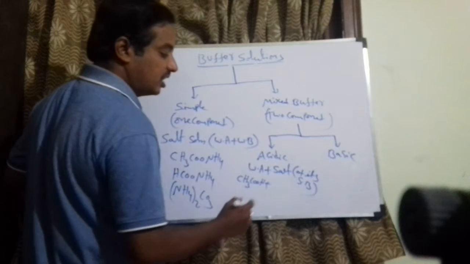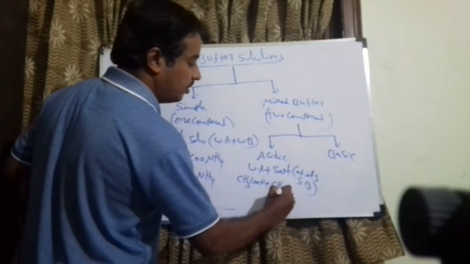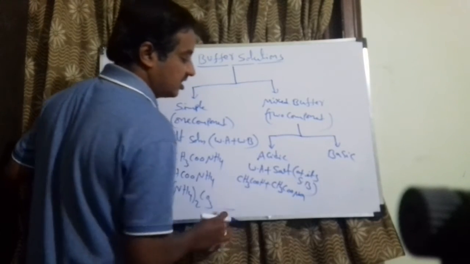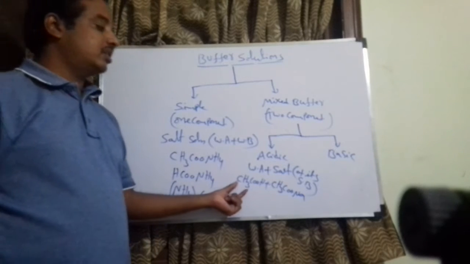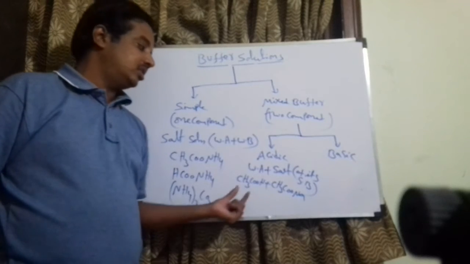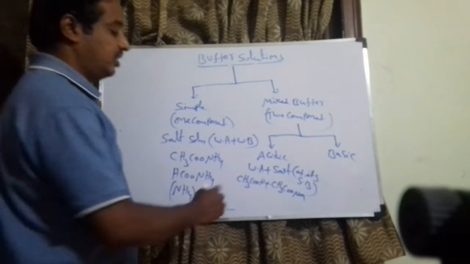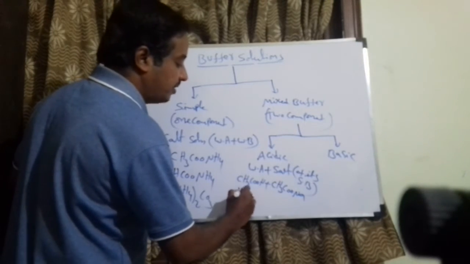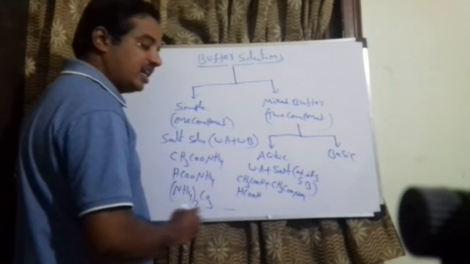Acetic acid reacts with sodium hydroxide to form the salt CH3COONa. The equimolar mixture of the weak acid and the salt of its strong base acts as an acidic buffer.